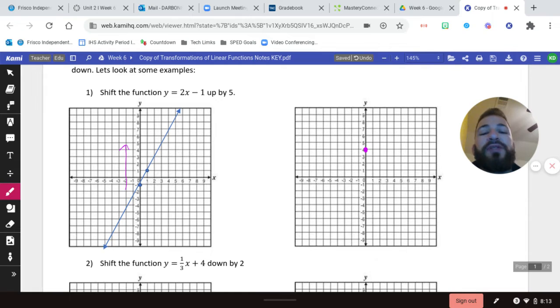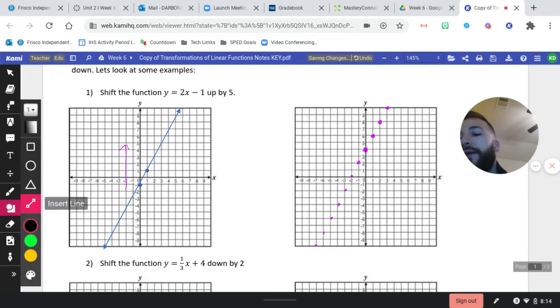My line's slope is 2, so I can still have a slope of 2. Use that to graph my new line, and then add in my nice straight line.